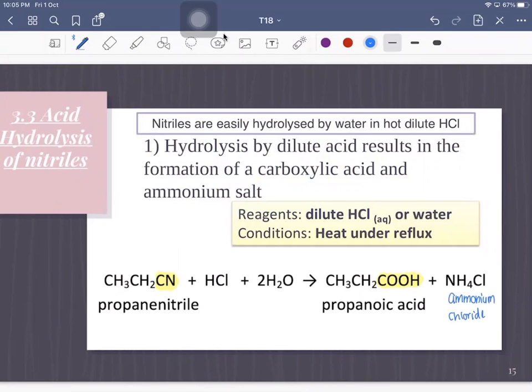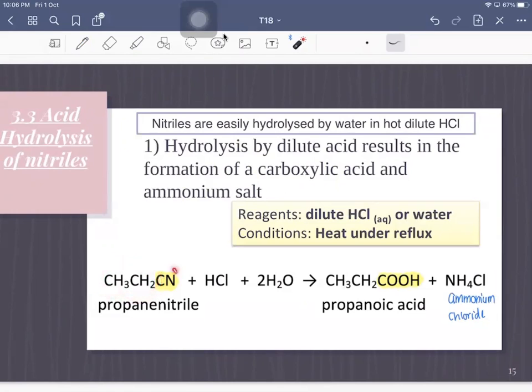Okay, so again, it doesn't matter what type of carboxylic acid, it doesn't matter what type of nitriles you use, whether it's a branch, whether it's a straight chain, because this part of the molecule does not get changed. It stays unchanged.